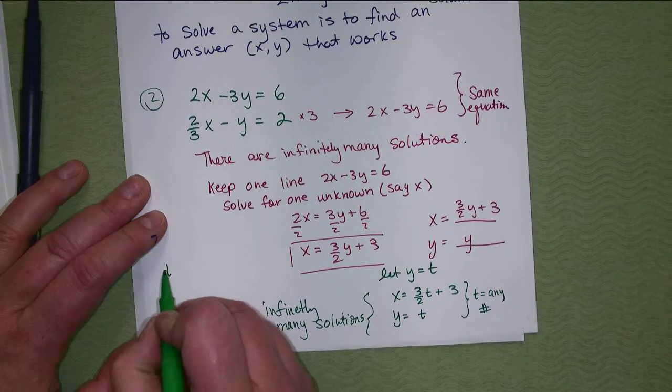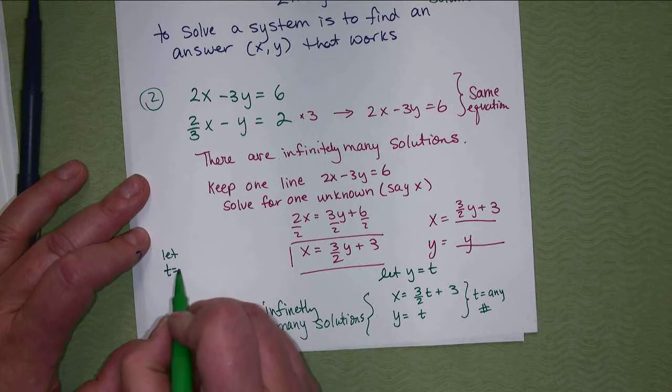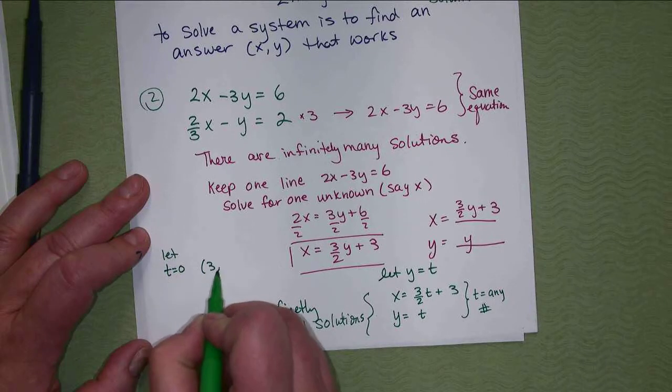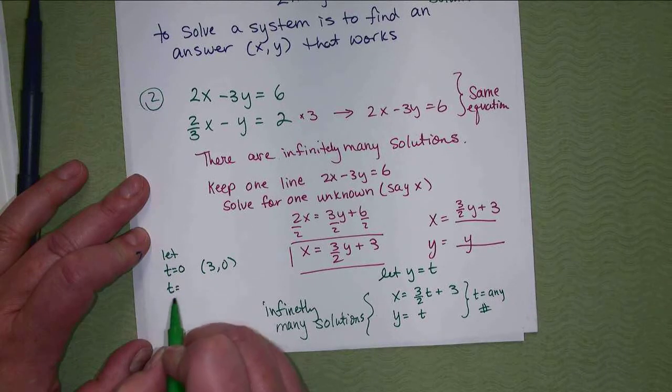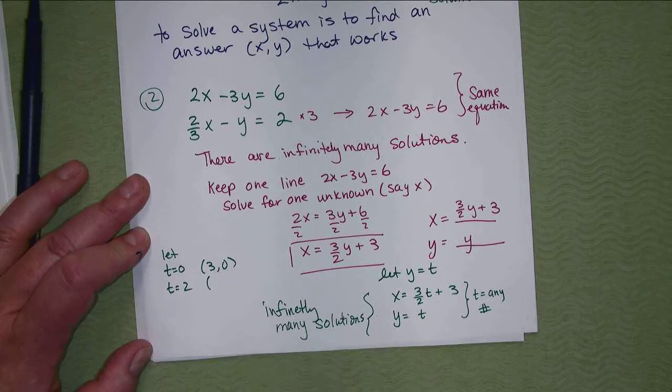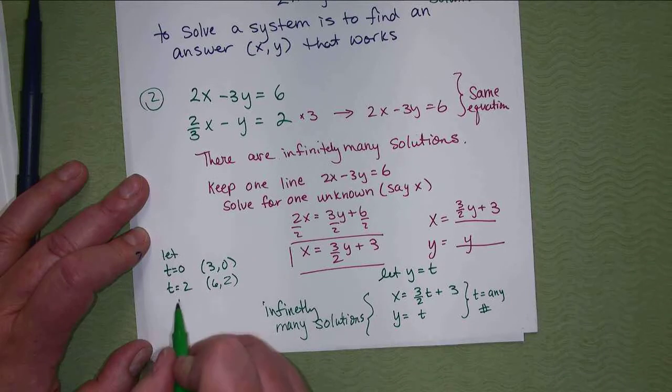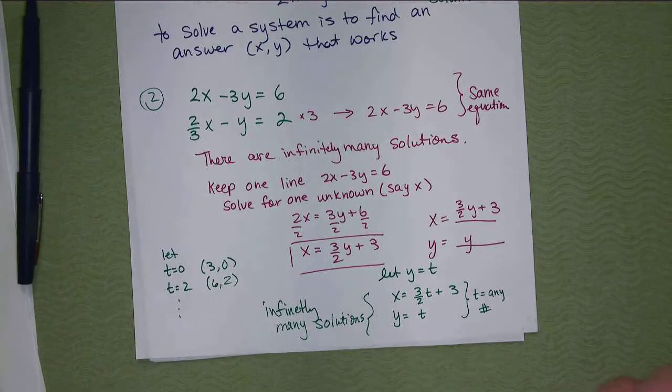So if we let t equal 0, then we'll have the solution 3, 0. If we let t equal 2, what would we get? I chose 2 on purpose so that that fraction would cancel. So 3 plus 3 is 6, and y would just be 2. All right, and you could keep going, and those would be a list of all the possible solutions that would work in that equation. What's this called, writing it in this way?